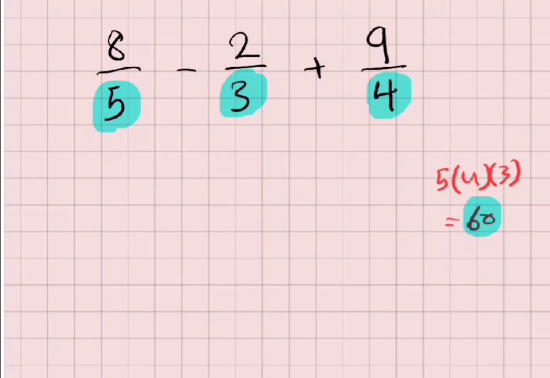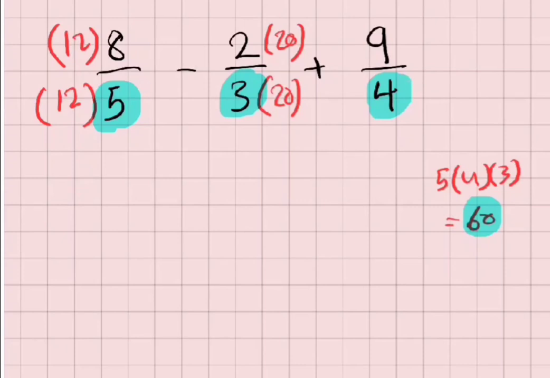By the way, if you want to find out the number, divide it. 60 divided by 5 will give you the 12. 60 divided by 3 will give you the 20.